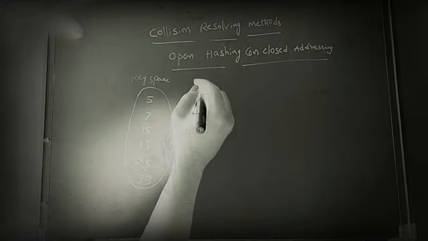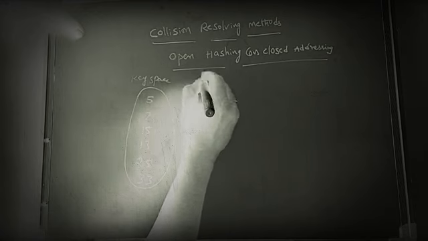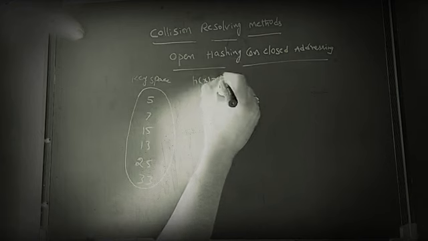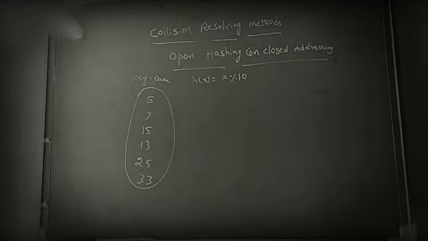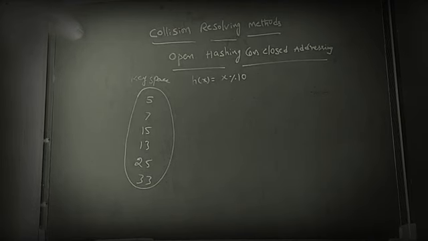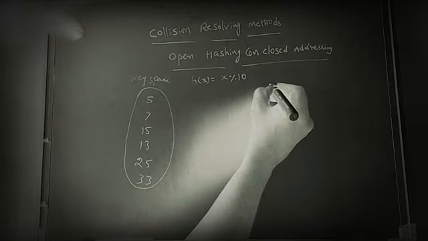As usual, the hash function is the modified hash function, h of x equals x mod 10. There is no modification in the mathematical function.